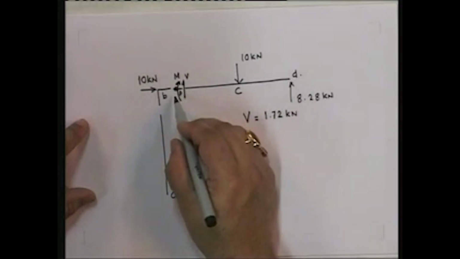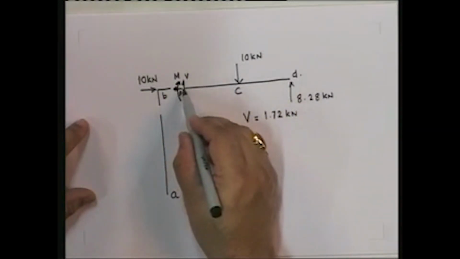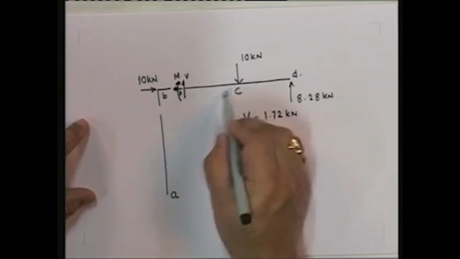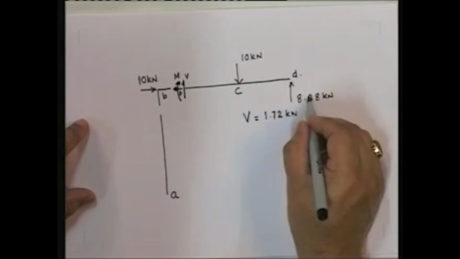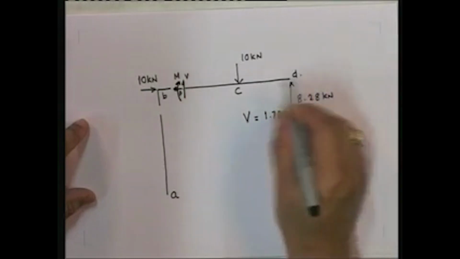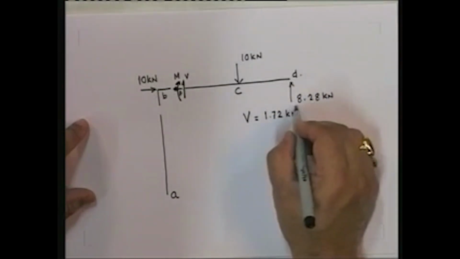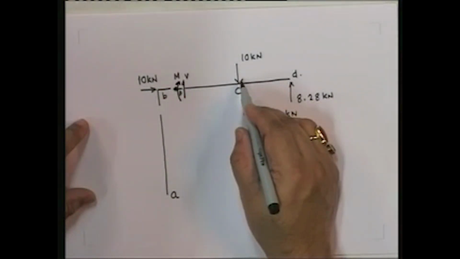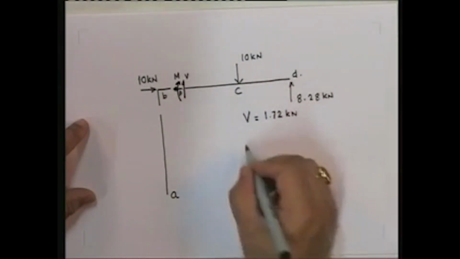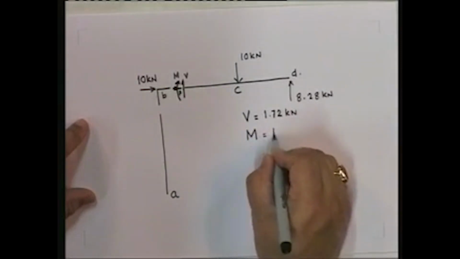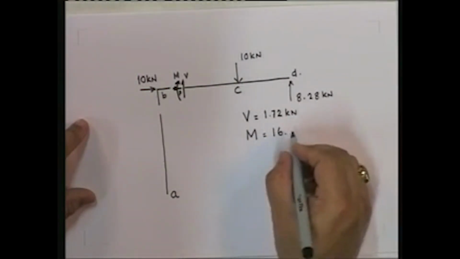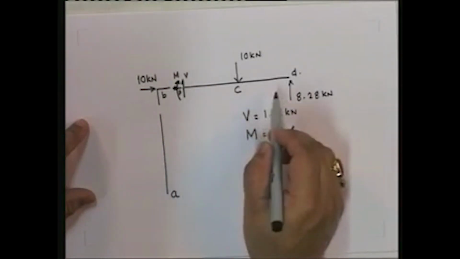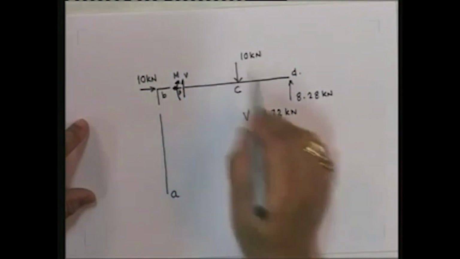What's the moment over here? Well, let's see. Let's take moment about this point. This is going to give you 10 into 2.5 this way, and this is going to give you 8.28 into 5 the other way. So this is going to give you 41.4 minus 25. What is that going to be equal to? It's going to be equal to 16.4. Which direction? If you look at it, this is going to be this way, this is going to be this way.